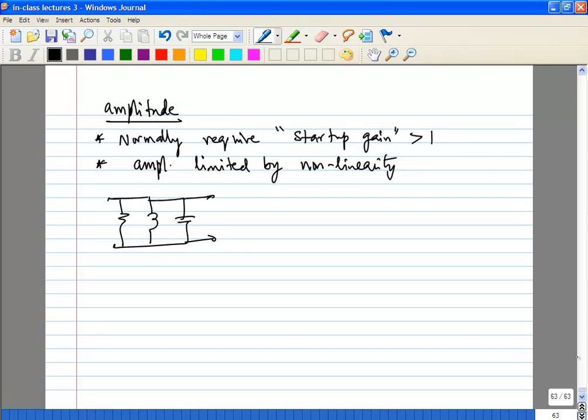Okay, let's study this one port view a little bit further. So let's say the voltage across this RLC network is V of t. Let's also assume there is some initial voltage across the capacitor, which is V naught.